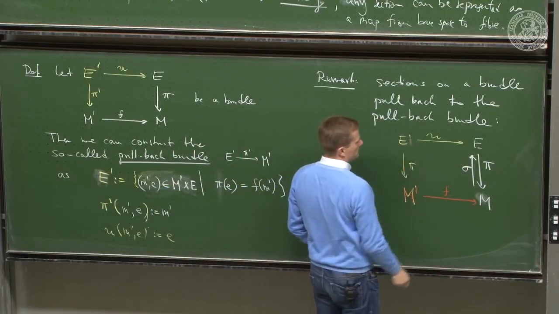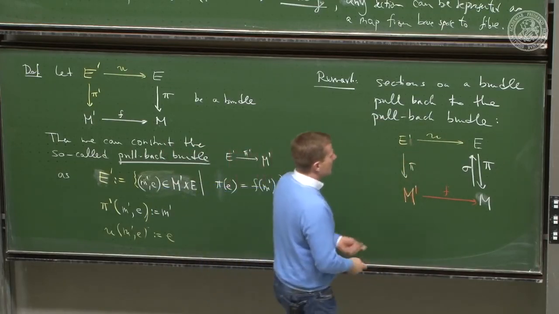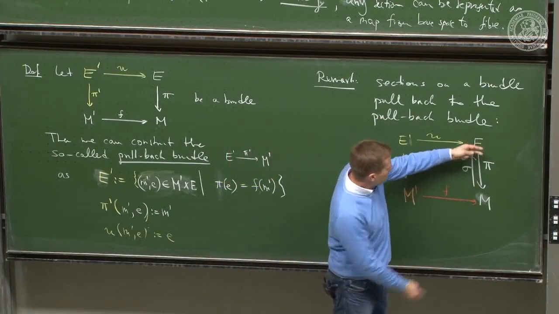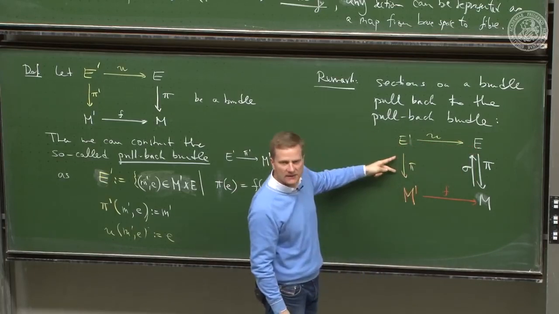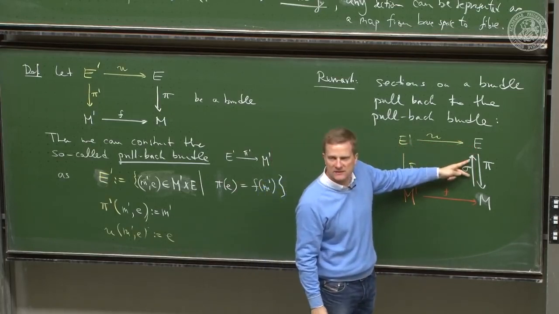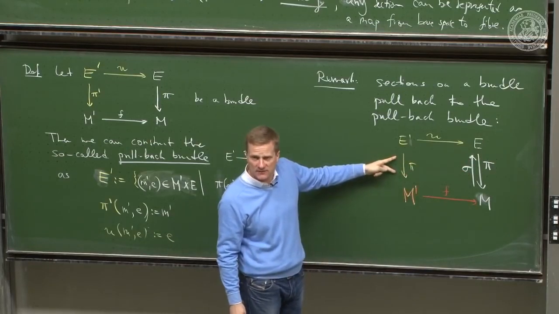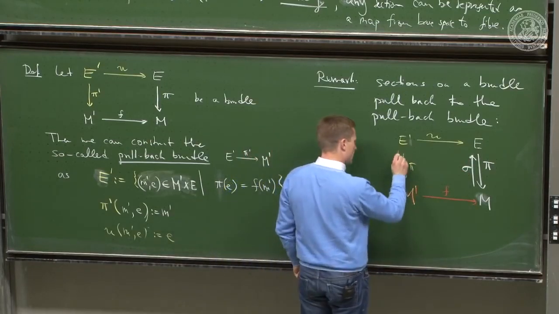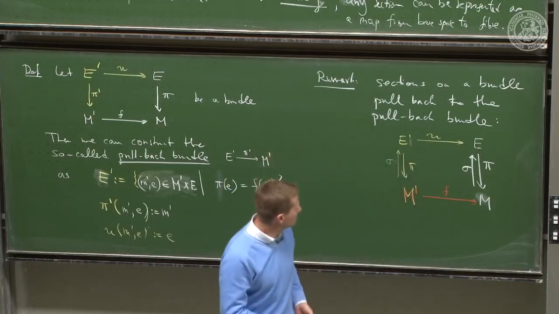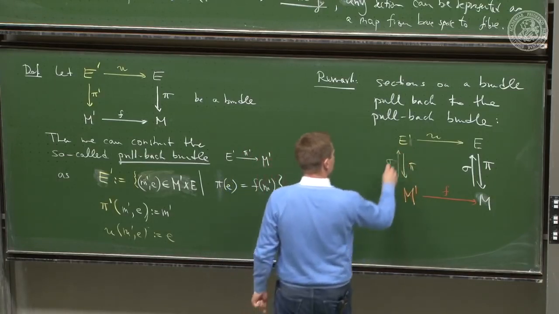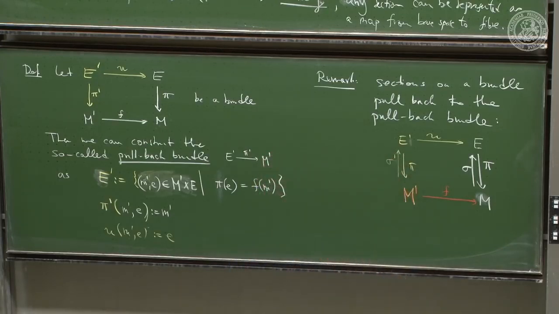Not isomorphism, that could be, but it doesn't need to be. Now the question is, once you pull back the bundle, can you also pull back the section? That means, can you construct from the section on this bundle a section on that bundle? And the answer is yes, you can. You can construct the green section sigma prime on this pullback bundle.